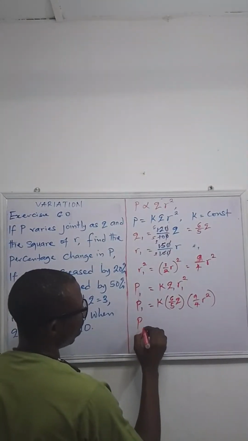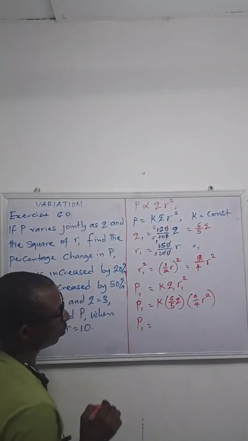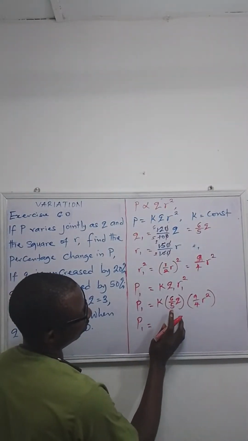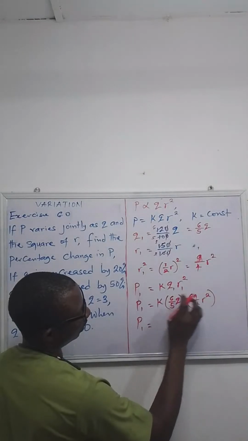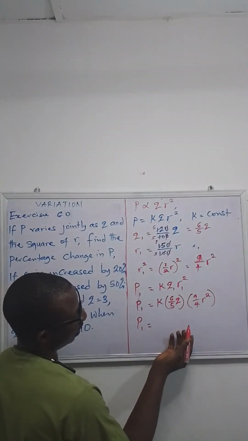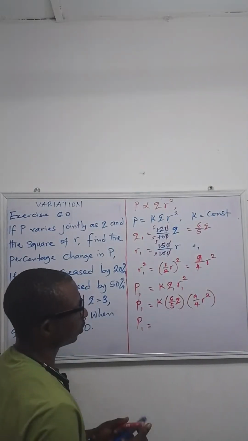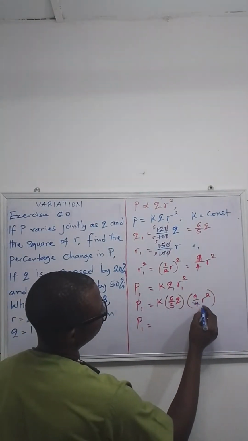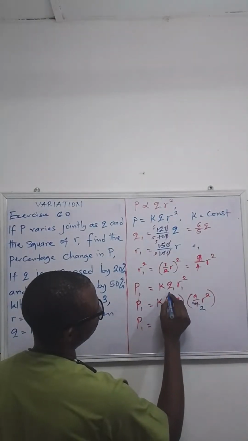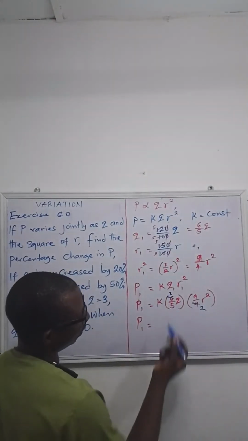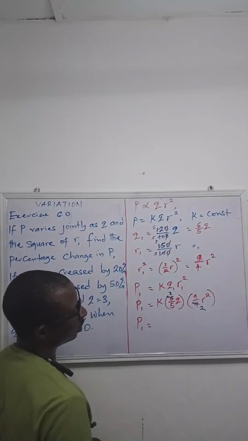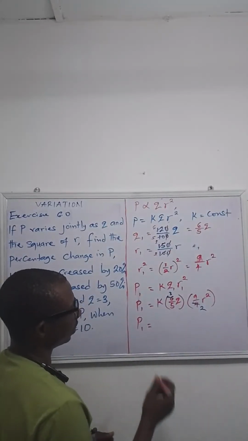We have P1 equals, and before we multiply the numbers together we can simplify: 2 goes into 4 twice, 2 goes into 6 three times. So 3 times 9, that's 27, over 5 times 2, that's 10.